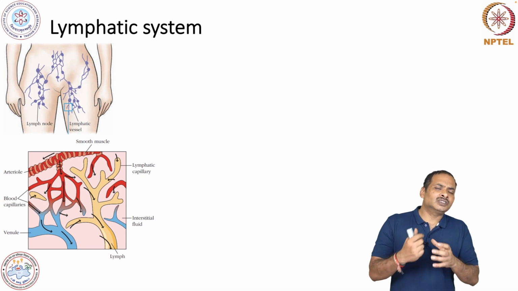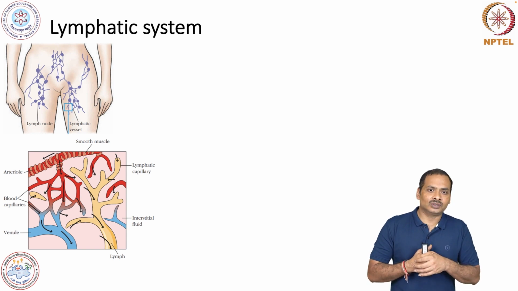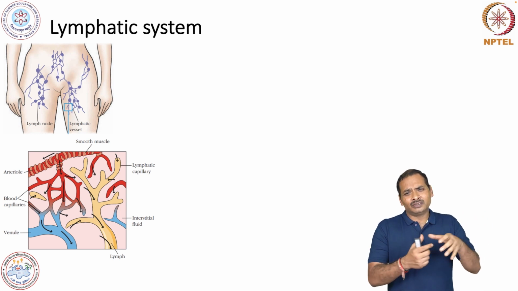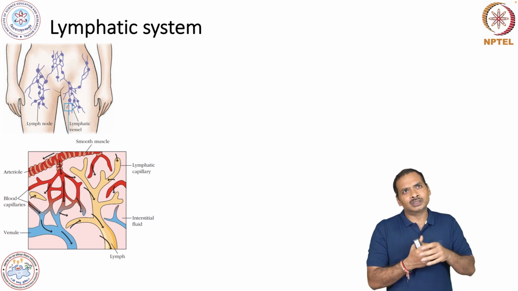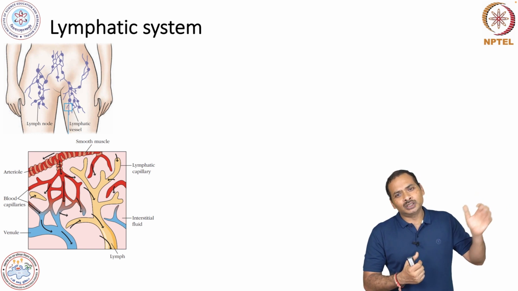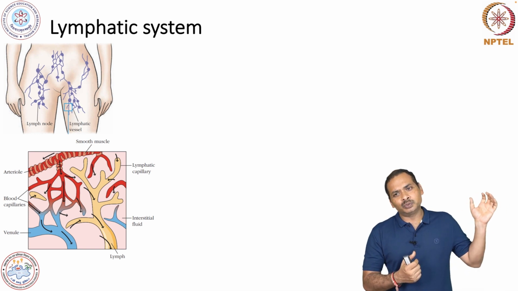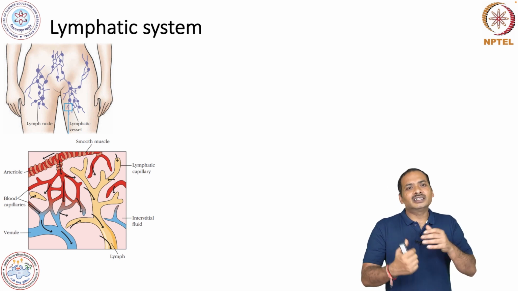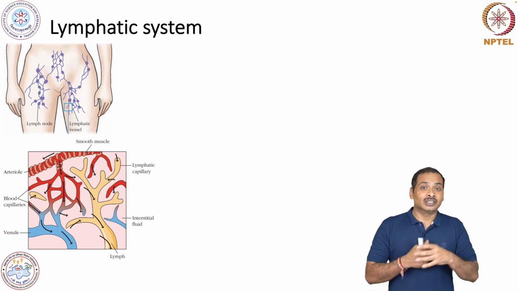And this fluid we call lymph. It's due to the blood pressure. You can understand if you have some perforated tube, and you put some fluid in it and apply pressure, then some fluid will squeeze out. And that fluid we call lymph.